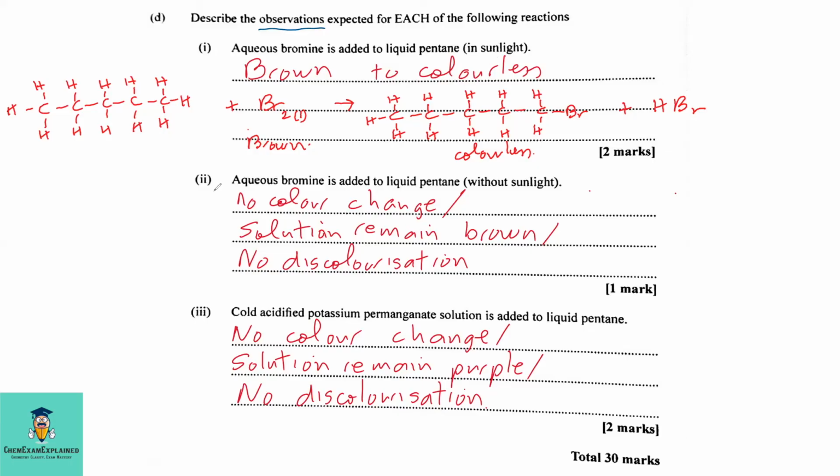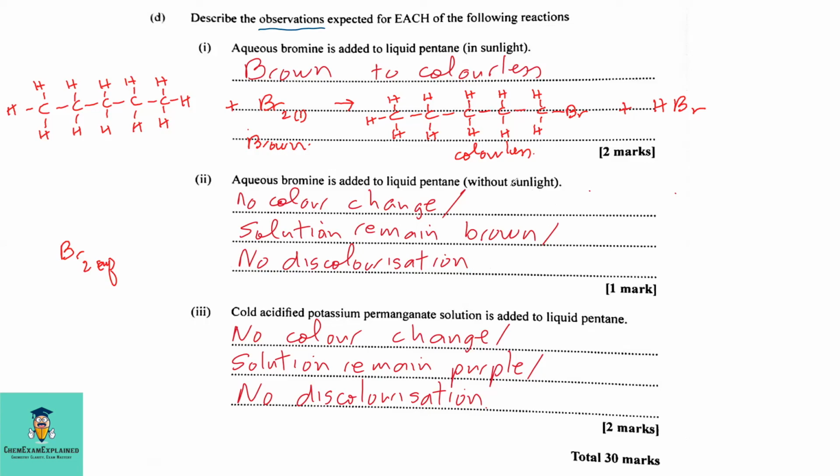Part 2. Aqueous bromine is added to liquid pentane without sunlight. Notice this time we're not using liquid Br2, but aqueous Br2, which is also brown. However, we would have no reaction taking place. And if we have no reaction, then we have no color change from brown to colorless, or you could say no discolorization.